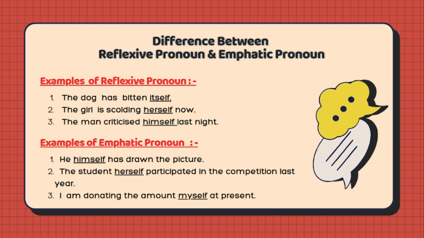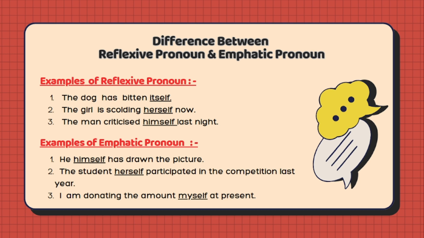Next, third example. I am donating the amount myself at present. In this sentence, I is the subject, am is the helping verb, donating is the main verb 1 plus ing. Of course, before it is in present continuous. The amount, object.